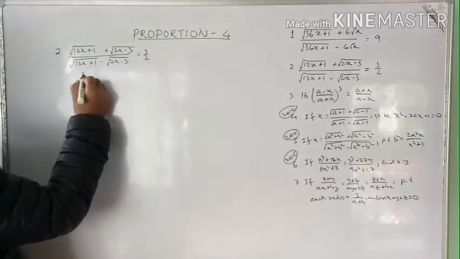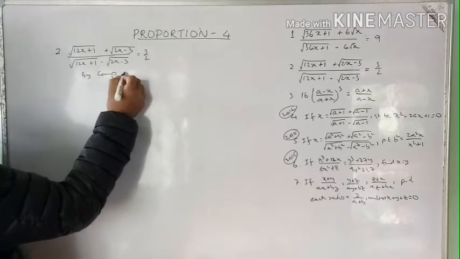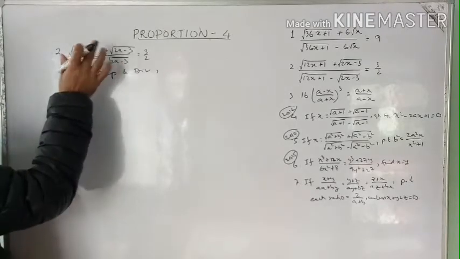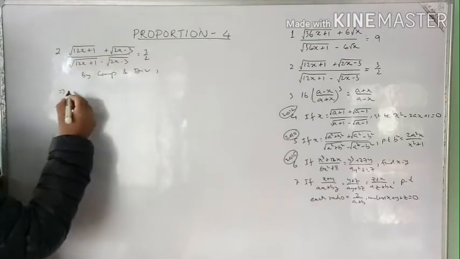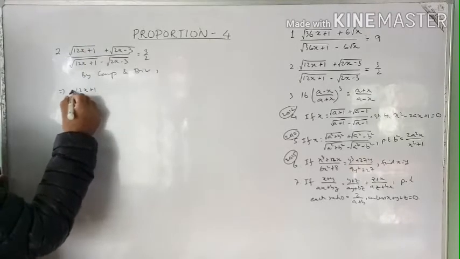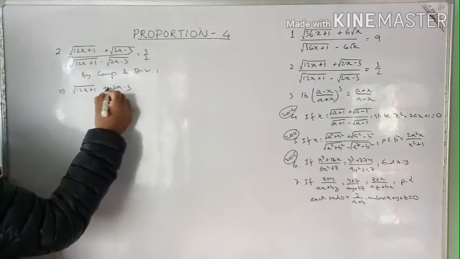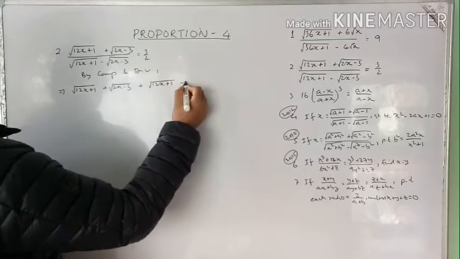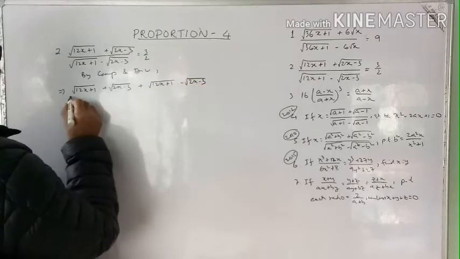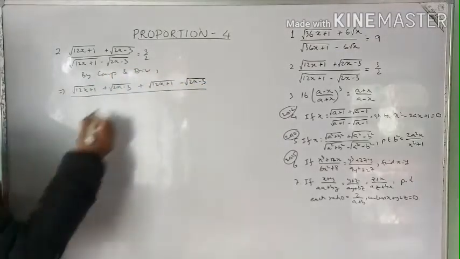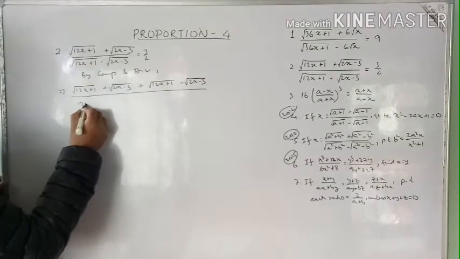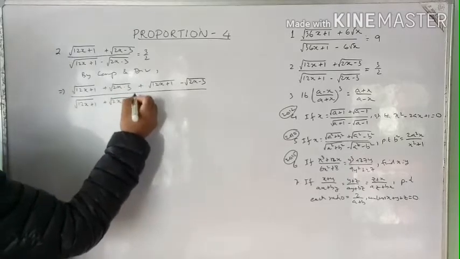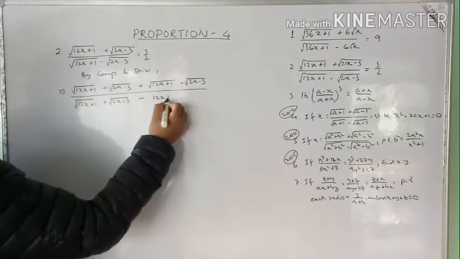So by componendo and dividendo, we add in the numerator and subtract in the denominator. So √(12x+1) + √(2x−3) + √(12x+1) − √(2x−3) in the numerator. In the denominator these two signs will change, so √(12x+1) + √(2x−3) minus, since we subtract, you change the sign, √(12x+1).